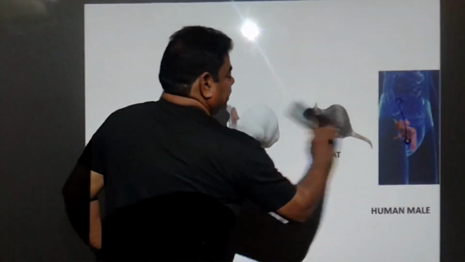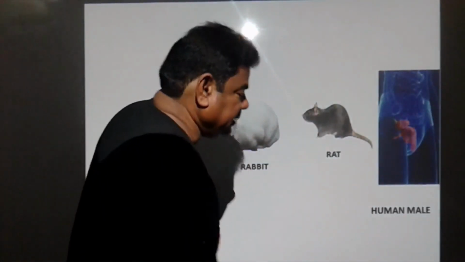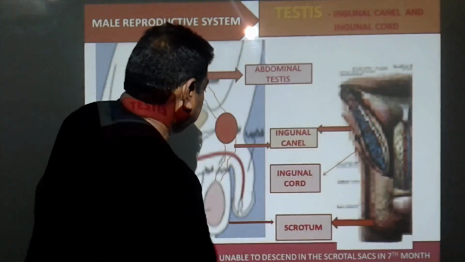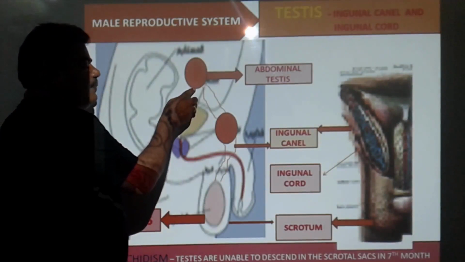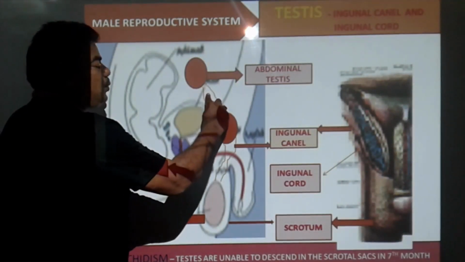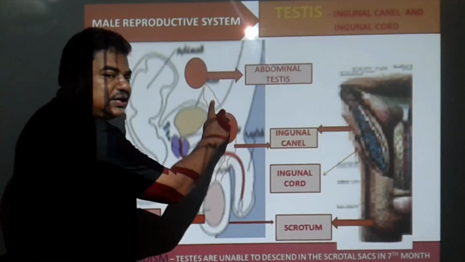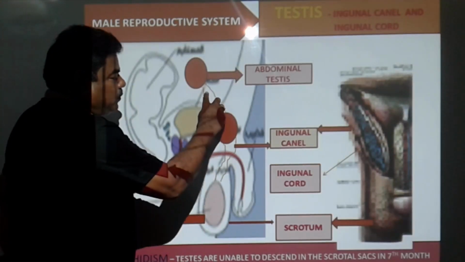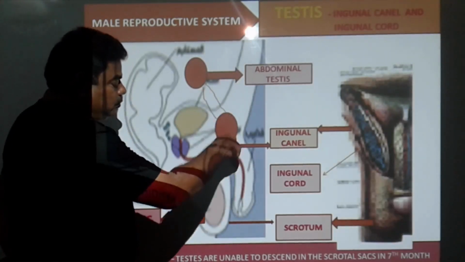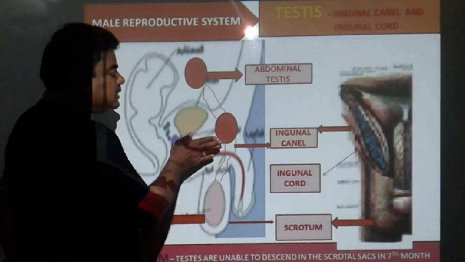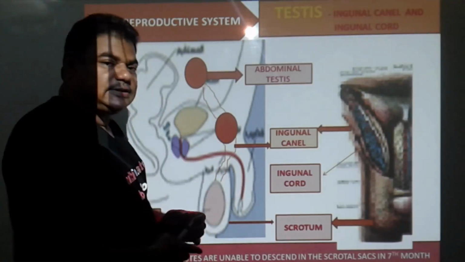Now if the testes in a human male do not descend into the scrotum, and remain here in the abdomen, or if the inguinal cord pulls the testes in the 7th month, when we are at the fetal stage, but is unable to pull these testes up to the scrotum, meaning the testes remain here in the abdominal cavity, one disorder takes place in that male.